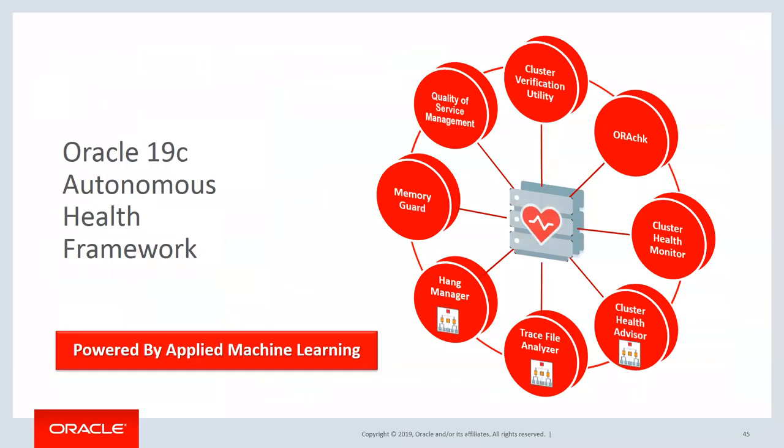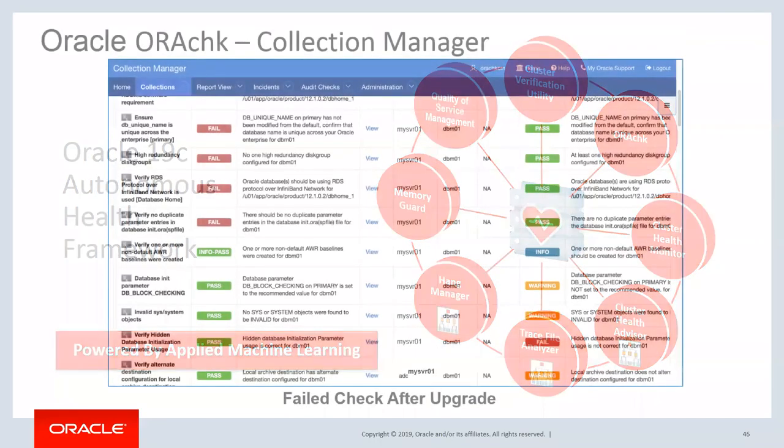I want to focus your attention on the Oracle 19C Autonomous Health Framework. There are a lot of services and options available in the 19C environment, and in 18C already. Thinking about ORAchk, for example, to make sure that all the latest patches and things available on the system are applied, but also the security advisor on your system. So this is an example of ORAchk.